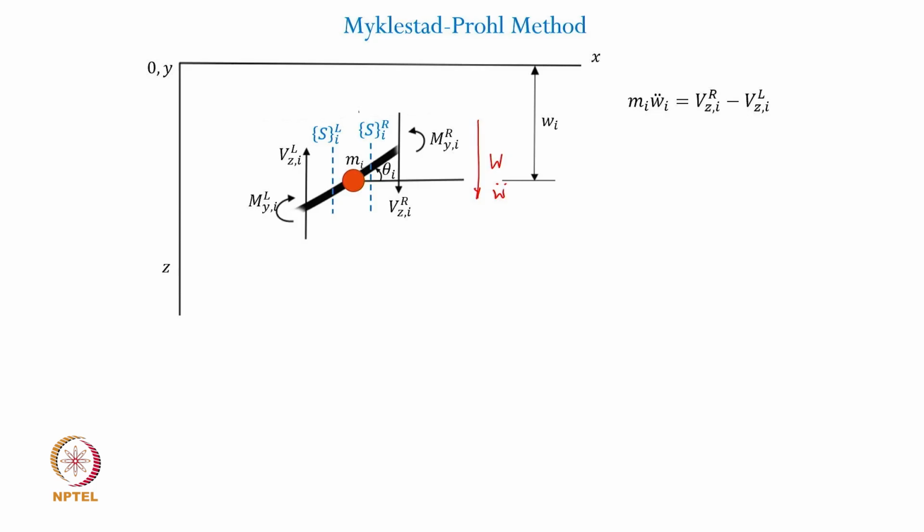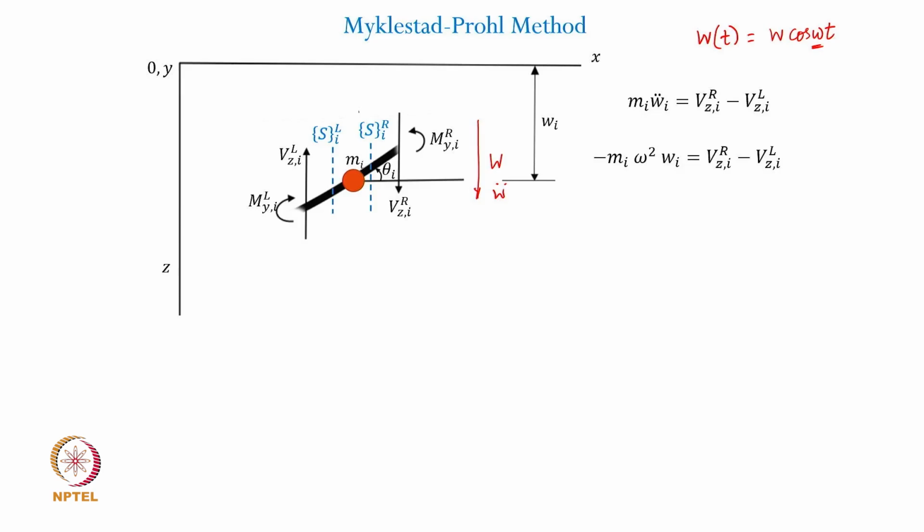So when we are evaluating eigenvalues, our assumed response will be a harmonic solution, okay, which means that it is going to be minus mi omega square Wi equal to the same force difference, okay.